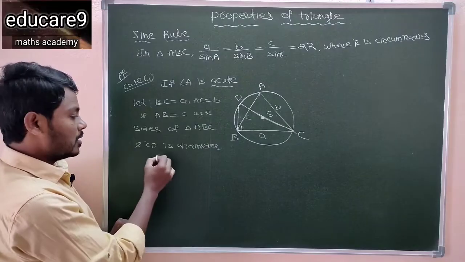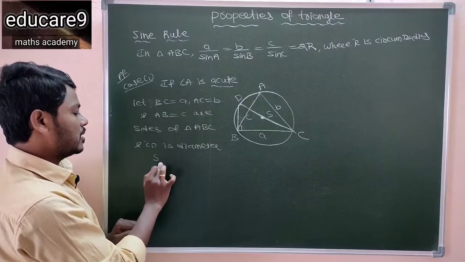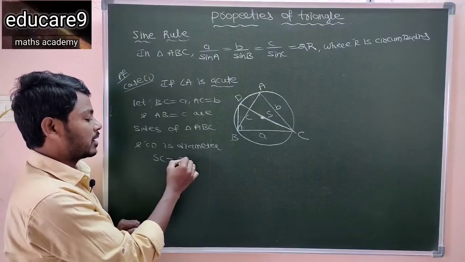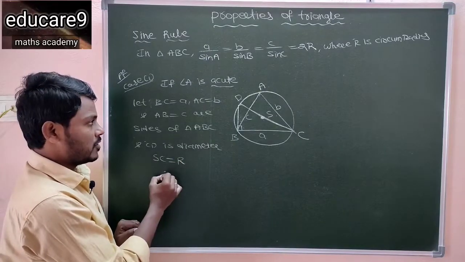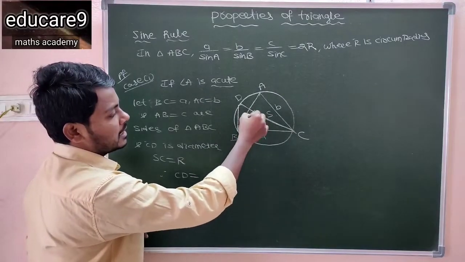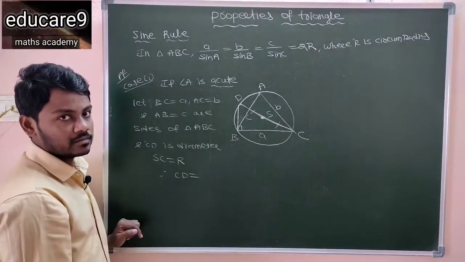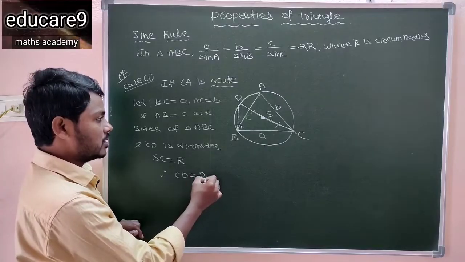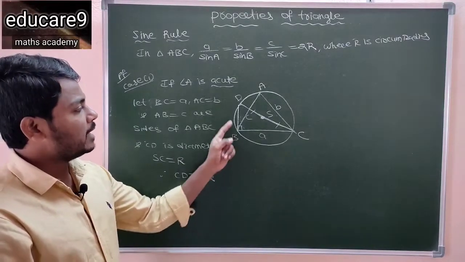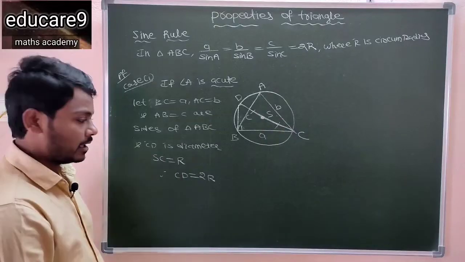So clearly SC is the circumradius, denoted by R. Therefore CD can be written as SD plus SC. So clearly R plus R is 2R. Now here triangle BDC is a right angle triangle.